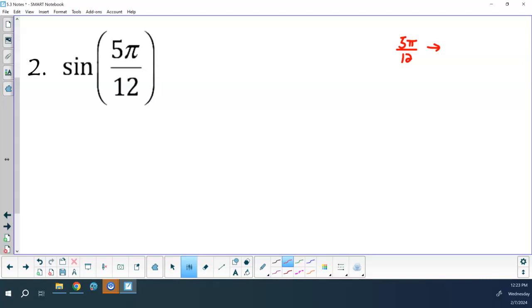Not that easy to do, right? Okay, let's take a step back. Give me a combination of numbers, not on the unit circle, just of numbers, that add up or subtract out to be 5/12.